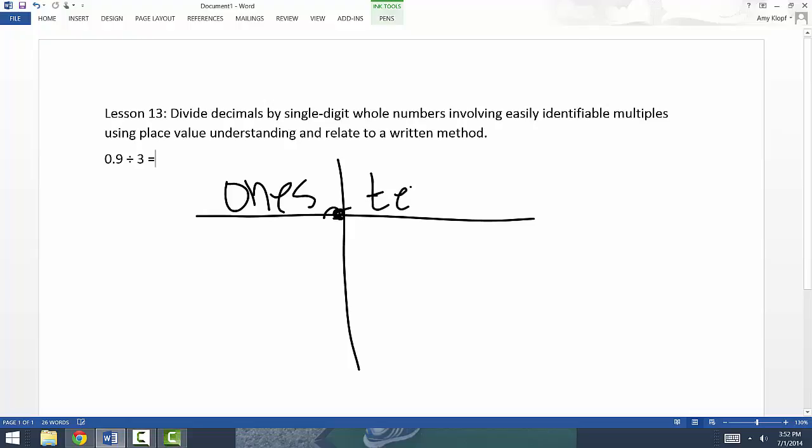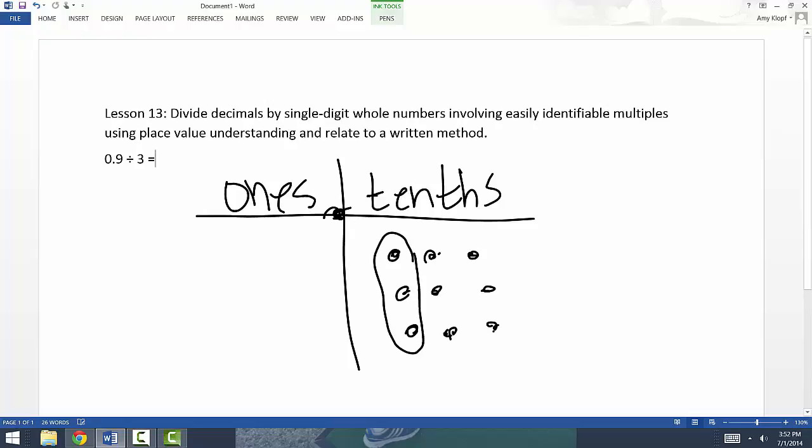We know that when we multiply, it means groups of. We have 9 tenths, and we need 3 groups, so we need to divide it into our 3 groups. We have 3 groups.